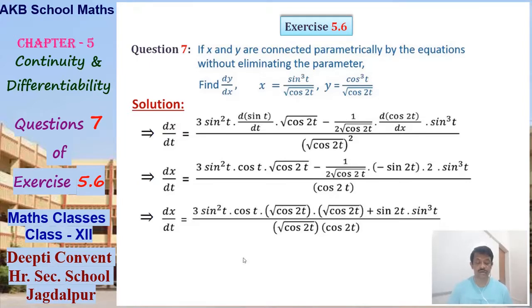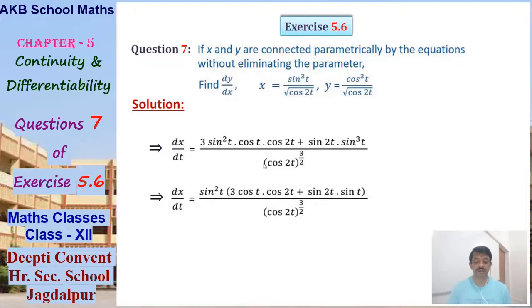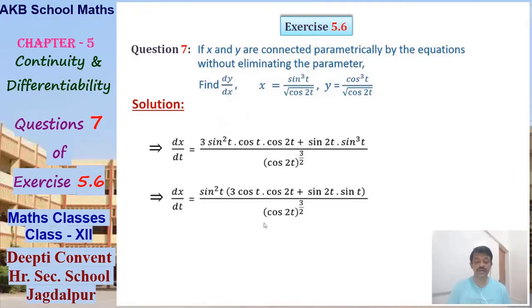Here we can take out common sin²t: 3 sin²t cos 2t, sin 2t sin³t upon cos 2t to the power 3 by 2. Taking common out sin²t, 3 cos t cos 2t plus sin 2t sin t over cos 2t to the power 3 by 2. Now this is the value of dx/dt. Clear?